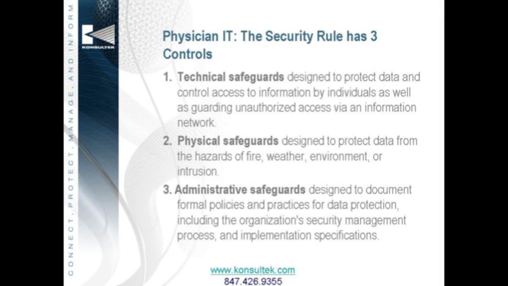The second is the physical safeguard. That talks about office security and making sure that physical records do not get lost, misplaced, or tampered with. And then finally, the administrative portion. The administrative safeguards really to make sure that we document in formal policies and procedures those practices to make sure that our data is protected.